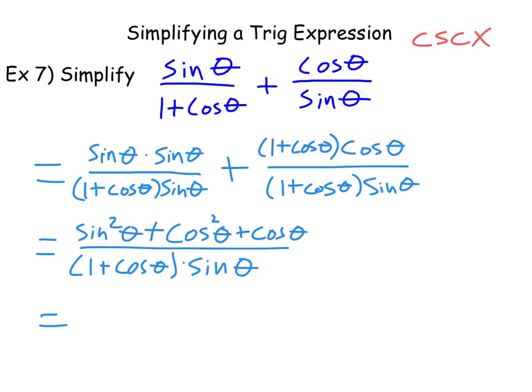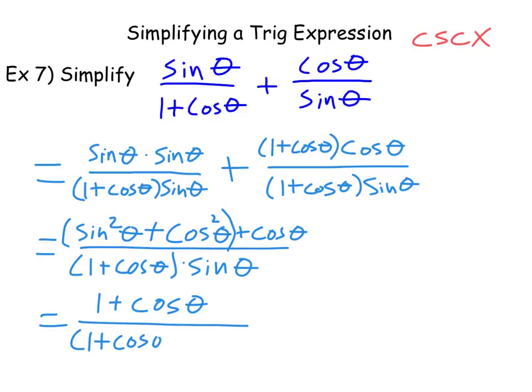Notice right here, sine squared plus cosine squared, that's 1. So the top will become 1 plus cosine over 1 plus cosine times sine. And of course there I'm going to have to say that was a Pythagorean identity.